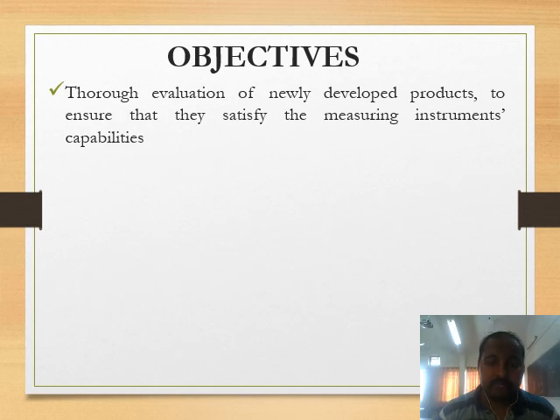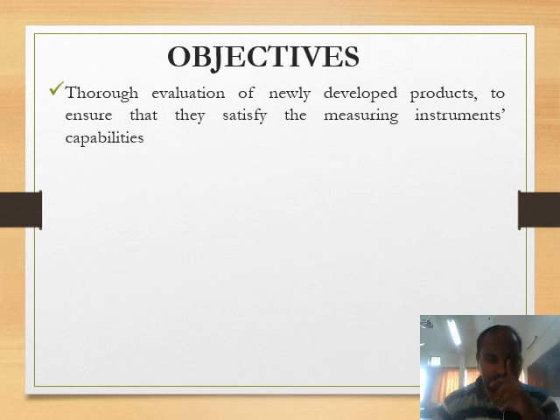Next is about objectives. What are the major objectives of metrology? Example, a thorough evaluation of newly developed products to ensure they satisfy measuring capabilities. Measuring instruments always possess some capabilities. Let me say a 0.001 mm least count micrometer.